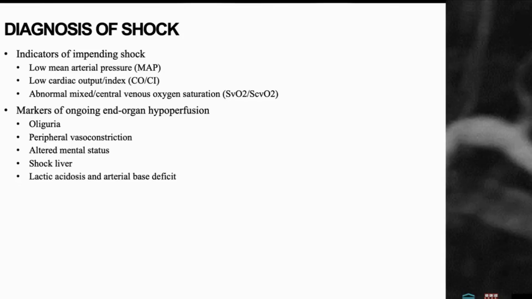And then there are markers of actual ongoing end organ hypoperfusion, basically actual shock that's going on. So things like low urine output, peripheral vasoconstriction and skin changes from that, altered mental status, shock liver that you'll see on the labs, and most classically lactic acidosis, so an elevated lactate, and an arterial base deficit.